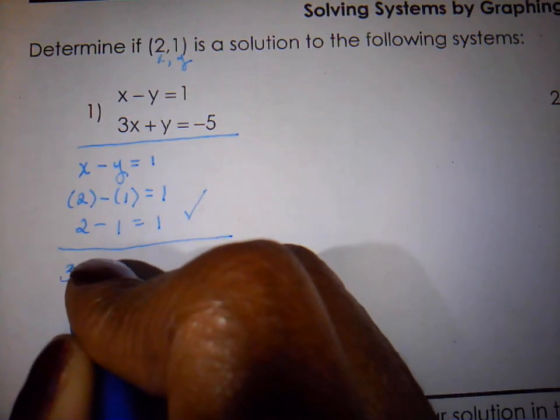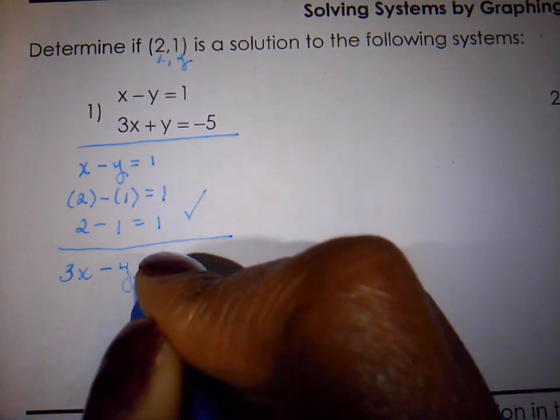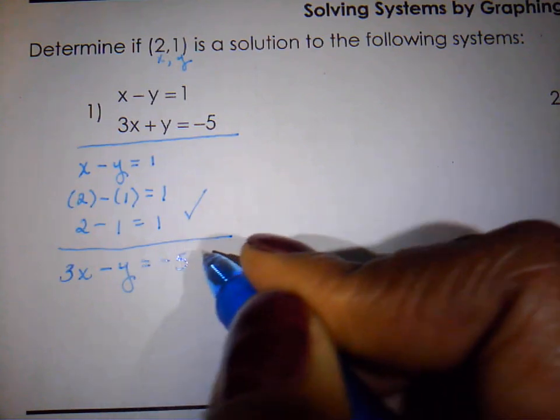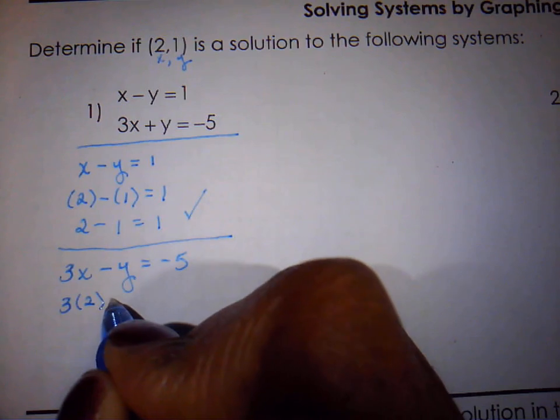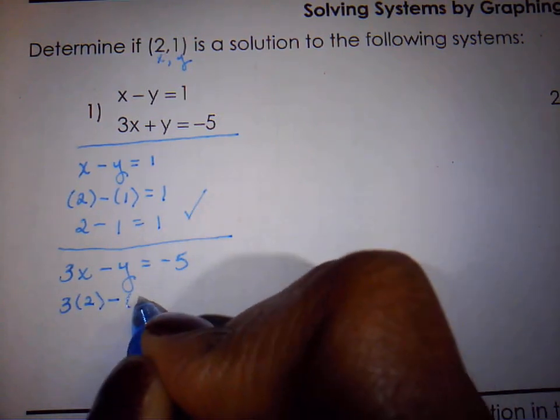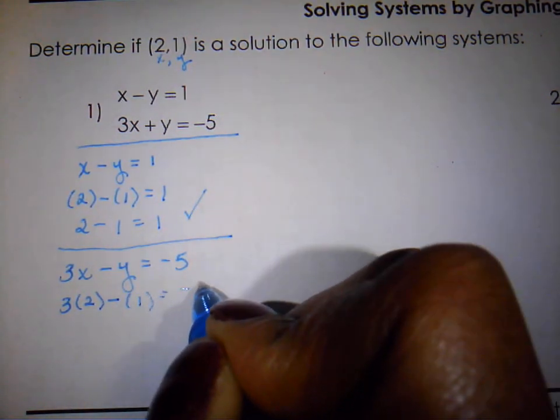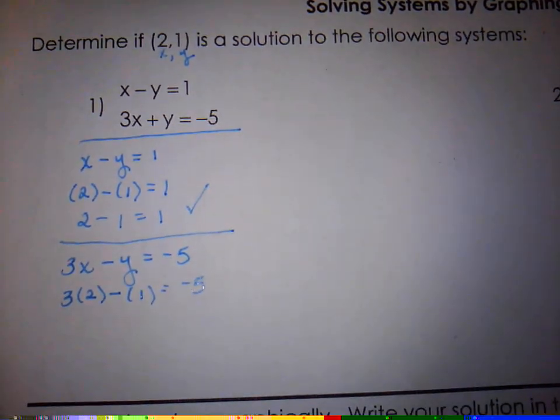Everywhere I see an x, I'm going to replace it with 2. And everywhere I see a y, I'm going to replace it with 1. So I have 3 times 2 minus 1 equals negative 5. Let's see if this is a true statement.